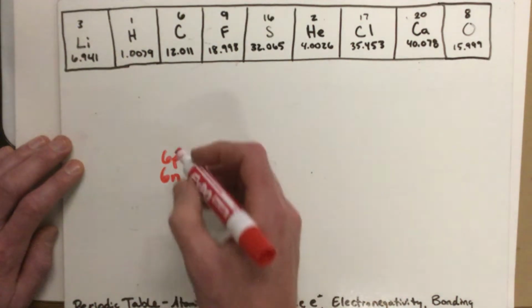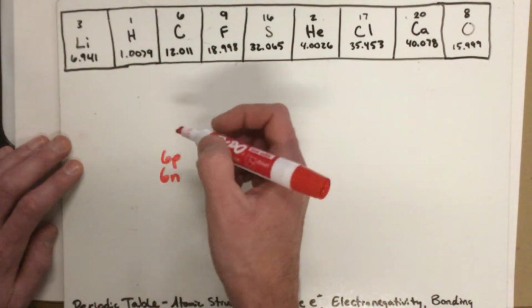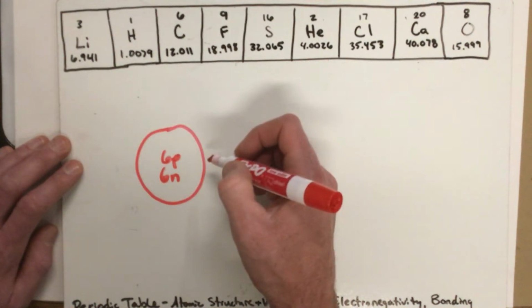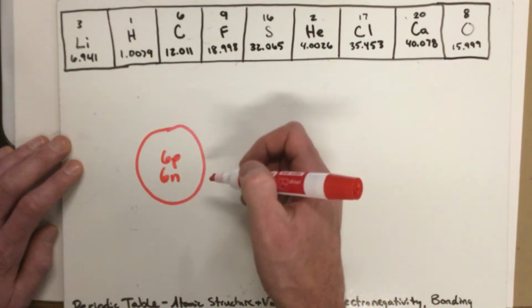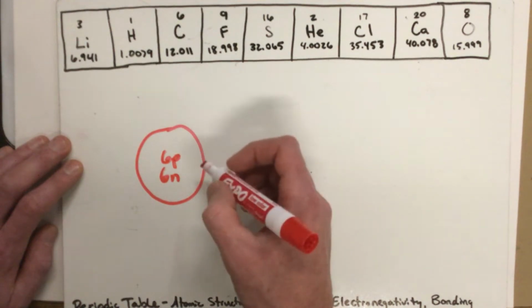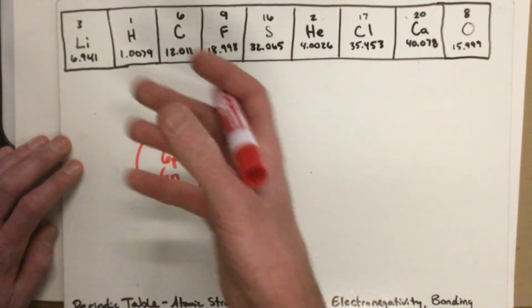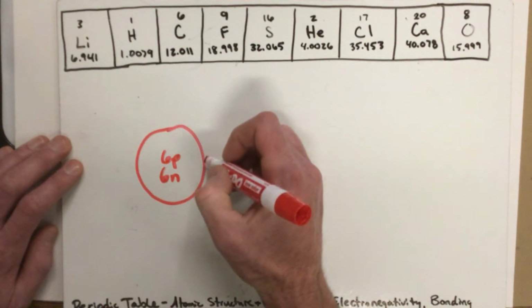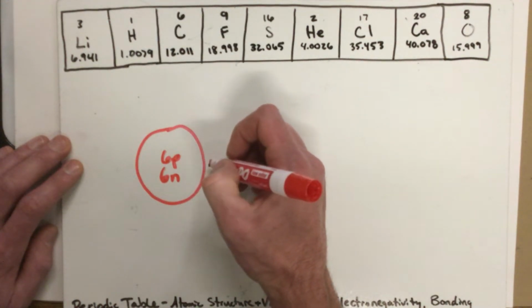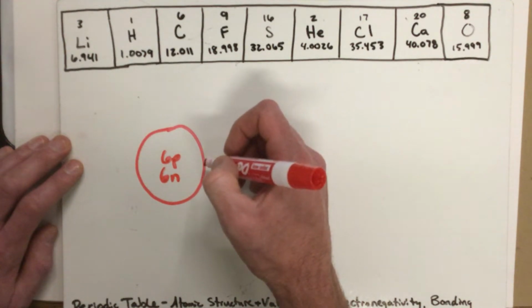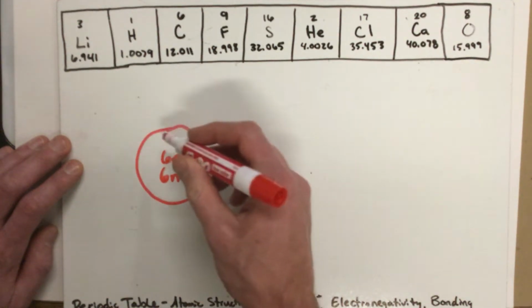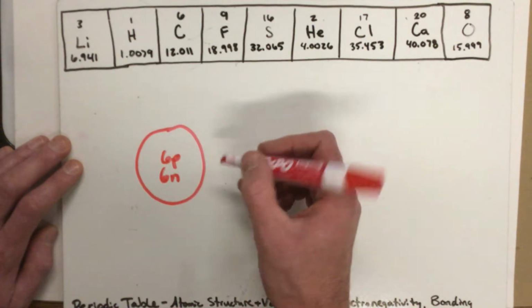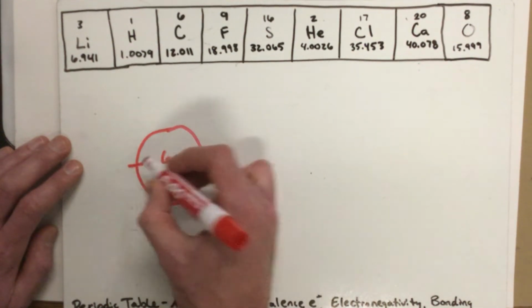Now to add those electrons, I'm going to put these rings around here. So electrons are found outside the nucleus, in what we call shells, the electron cloud total. And I'm just going to symbolize electrons with a little dash or a minus sign. This first shell, the one that's closest to the nucleus of the atom, can only hold 2 electrons.